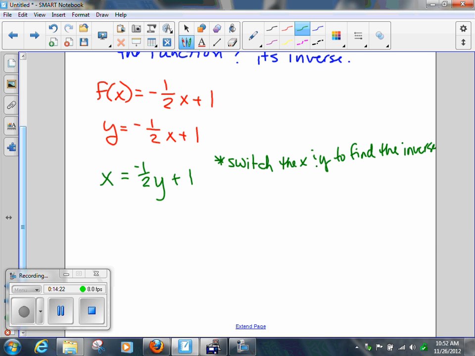I need it in y equals mx plus b format. So what am I going to do to this equation? X equals blah, blah, blah. What am I going to do to it? I've got to change it, don't I? Don't I want to put it in slope-intercept form? So I'm going to subtract 1 from both sides. Y'all with me? And that gives me x minus 1 is equal to negative 1/2 y.